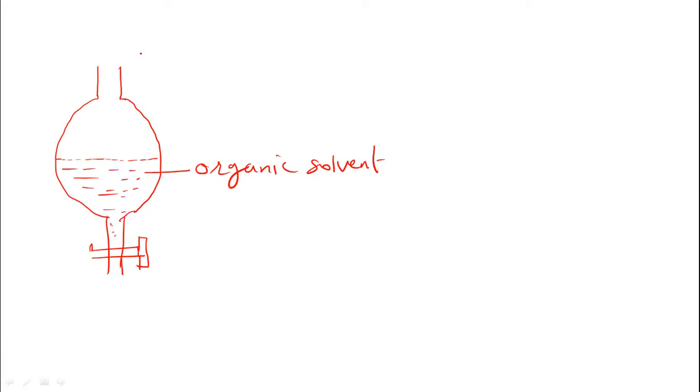Then we have to add an equimolar aqueous solution of lanthanone ion. And later on we have to mix it; we have to shake it. After the shaking, the two layers separate.